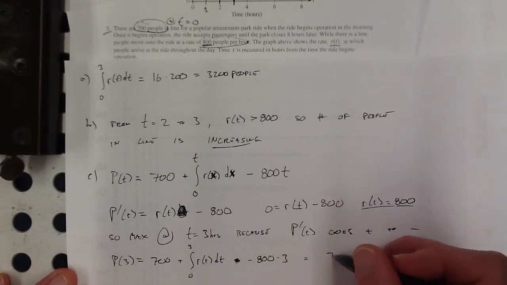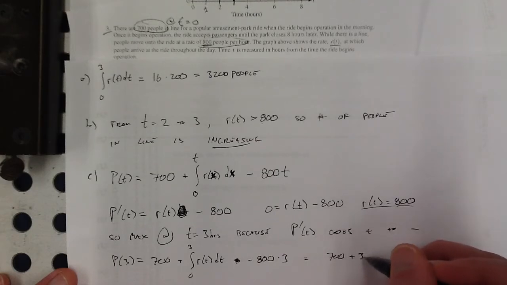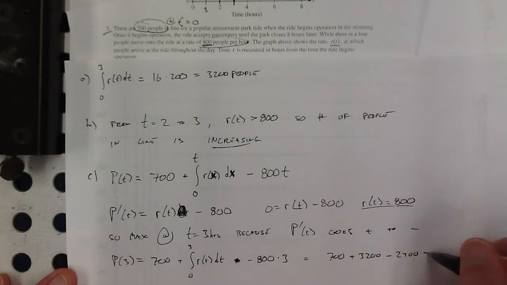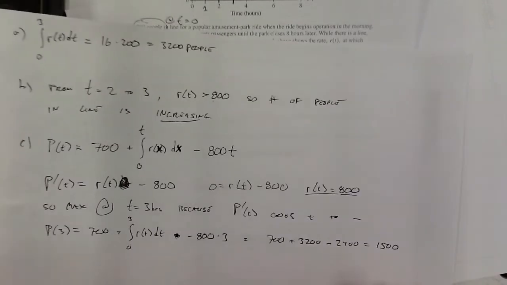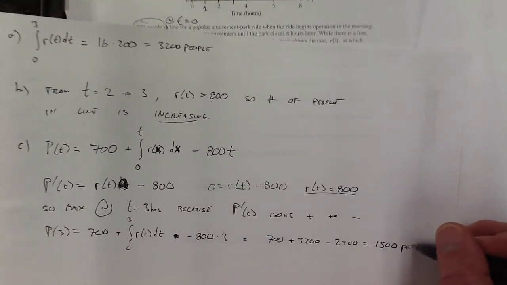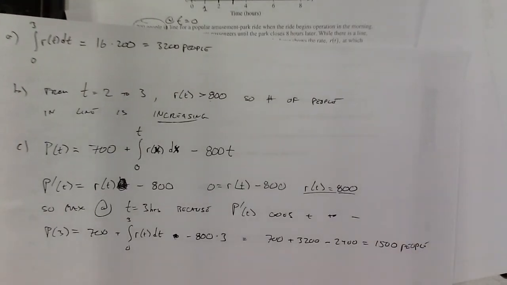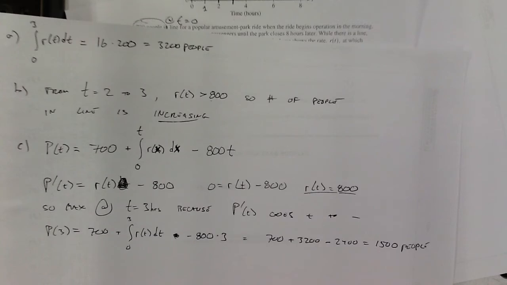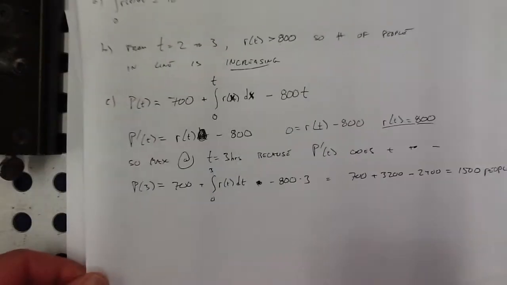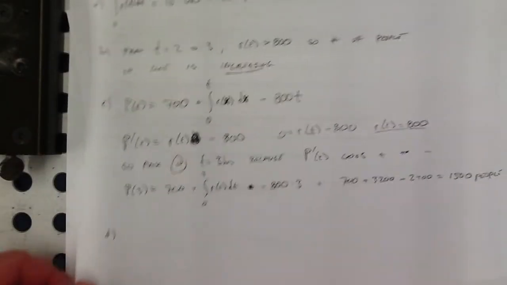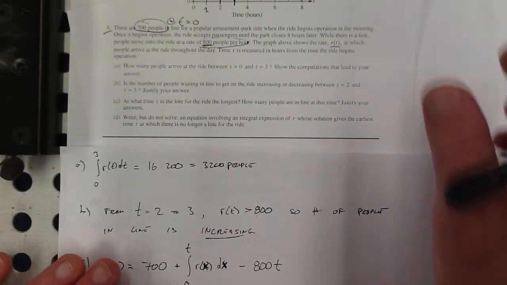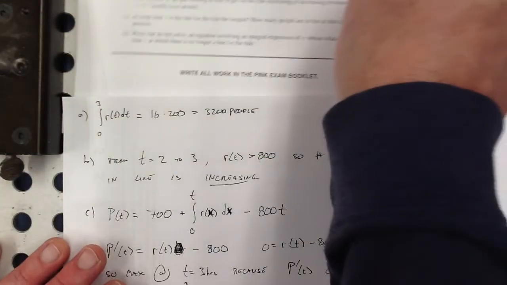So that's 700 plus 3,200 minus 2,400, which is 1,500 people. All right. This is what the fundamental theorem of calculus looks and feels like in this kind of problem.